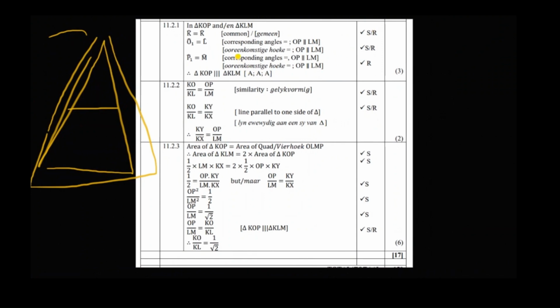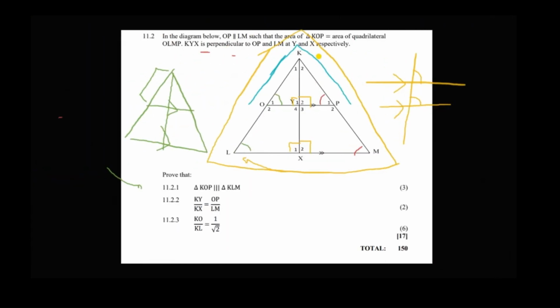So you need to go back and state which two lines are parallel to each other, which validated our answer. So you want to write down O1 equals L because of corresponding angles, comma, OP parallel to LM.